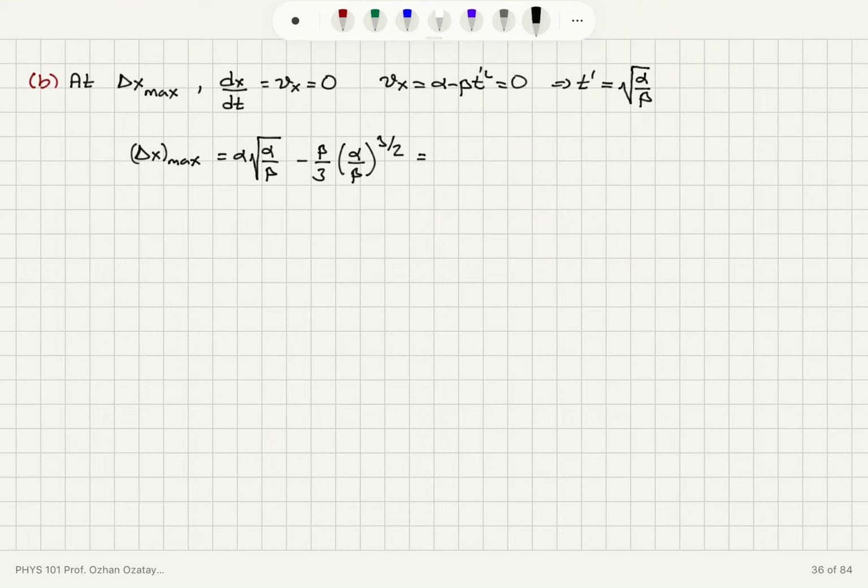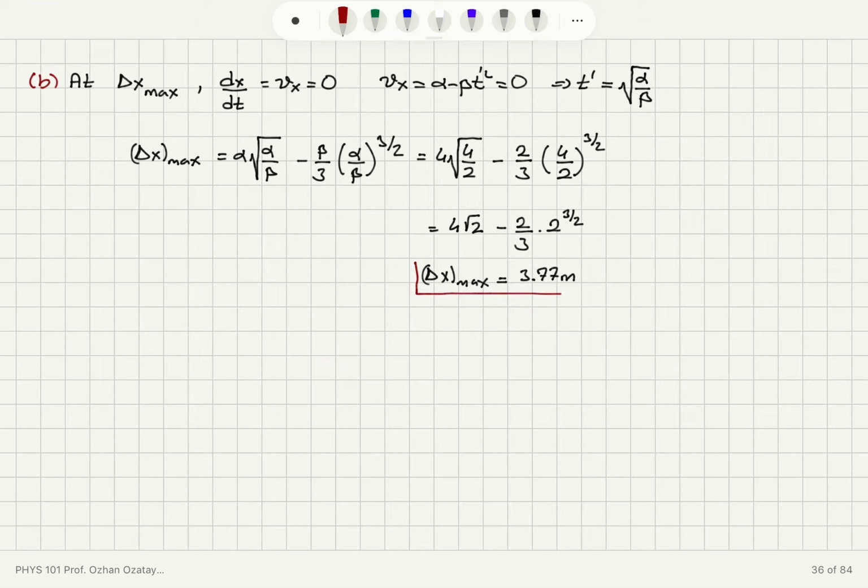Substituting for alpha 4 and beta 2, I get 4 square root 4 over 2 minus 2 over 3 times 4 over 2 to the power 3 over 2, which gives 4 square root 2 minus 2 over 3 times 2 to the power 3 over 2, and we find that delta x maximum will be equal to 3.77 meters when it is reduced to three significant figures.